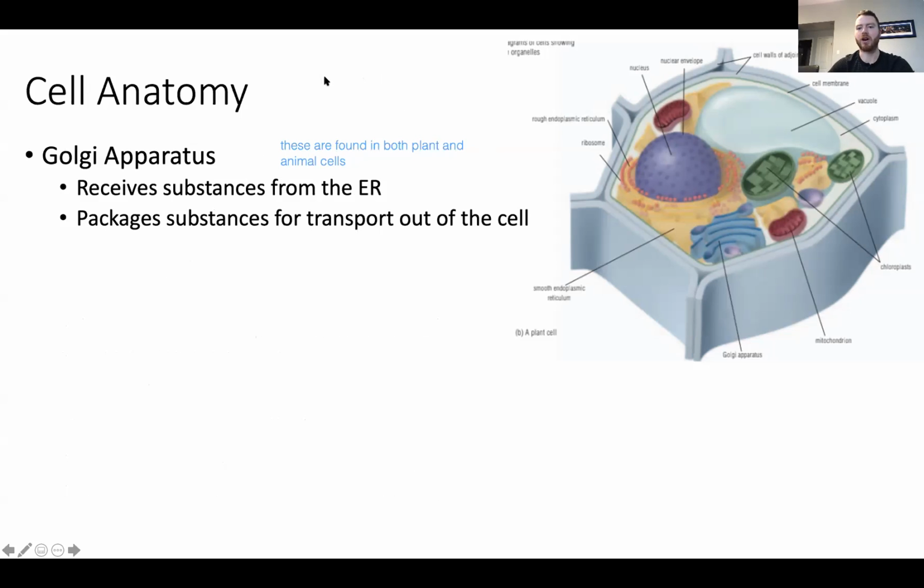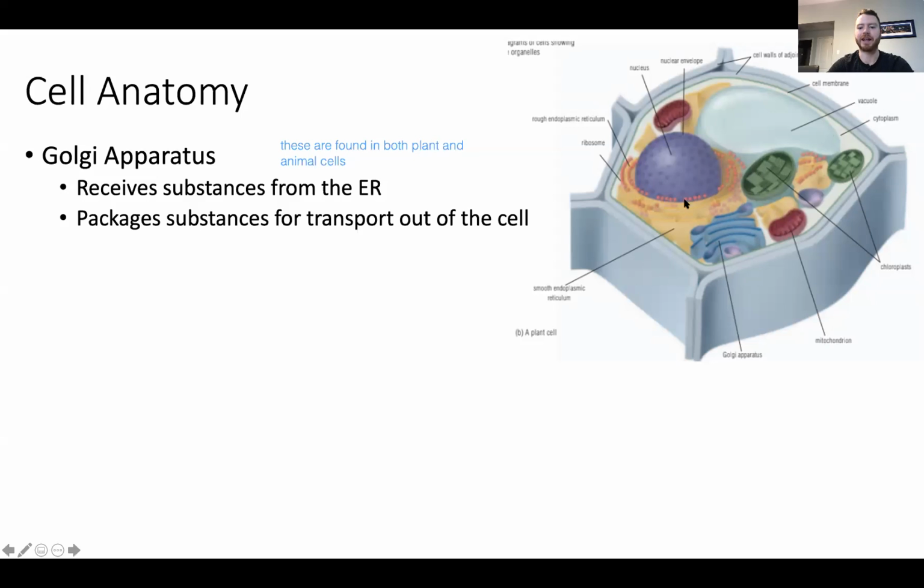Next we are on the Golgi apparatus. The Golgi apparatus is right here, this blue looking organ over here. Once either lipids or proteins are made in the endoplasmic reticulum, the ER, they're sent to the Golgi apparatus. You can think of the Golgi apparatus as kind of like a shipping warehouse.